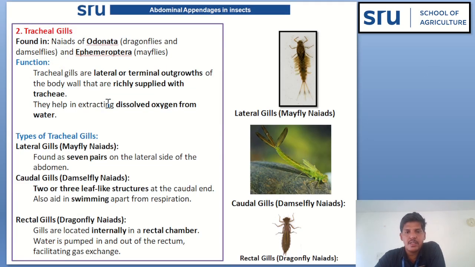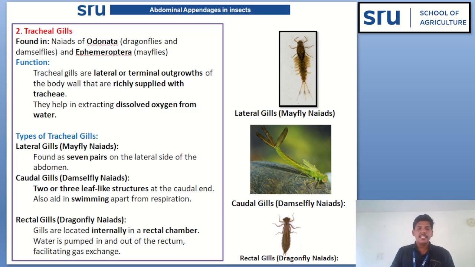Next, the abdominal appendage in immature stages of winged insects is the tracheal gill. These tracheal gills are there in nymphs of Odonata and Ephemeroptera.